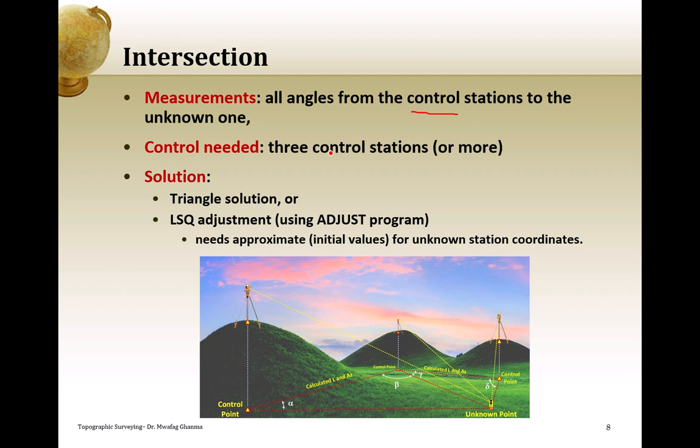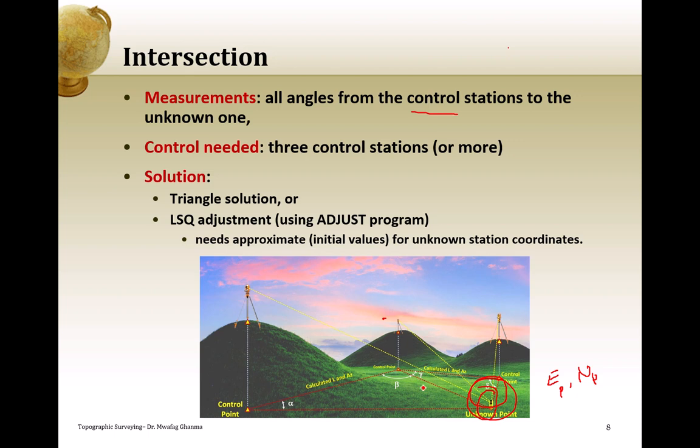The shortcoming, or not shortcoming, disadvantage we say for the least square adjustment is that we need always an initial estimates of the coordinates of the unknown points. So the easting and the northing of this point must be estimated or given, or somebody has to get an initial estimates of the easting and the northing of point P. We have many methods we can do that.